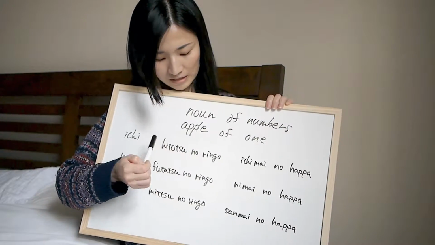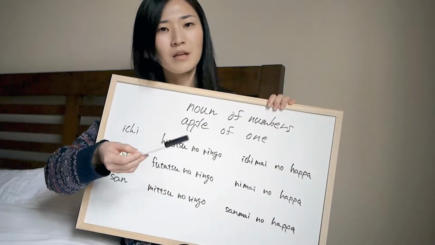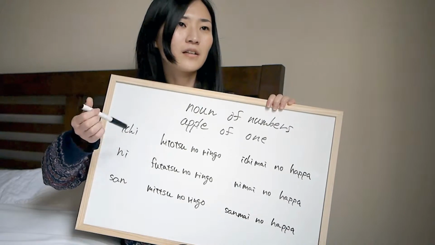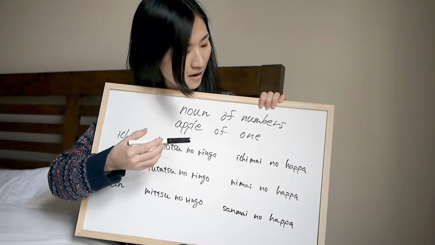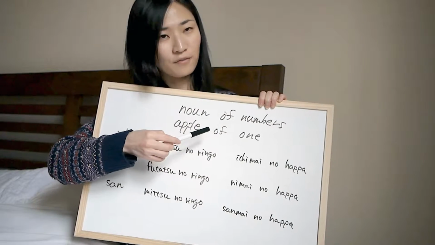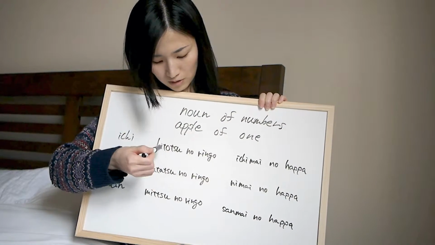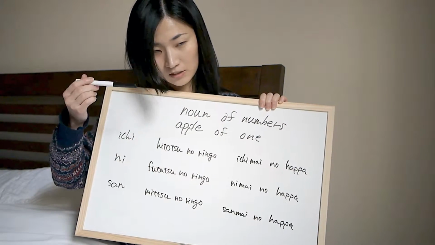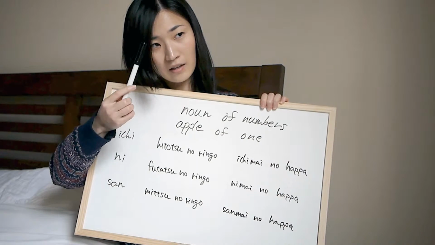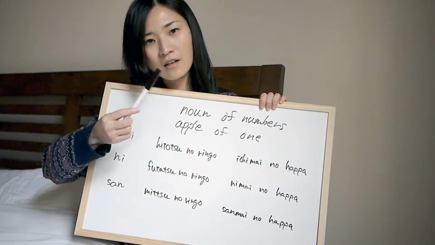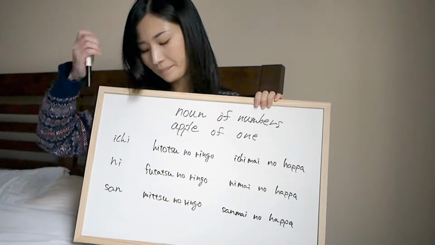Eventually the numbers come first, but the style of the noun would be using "of" always. So it's like apple of 1, apple of 2, apple of 3.